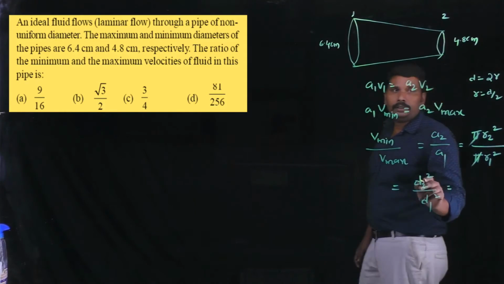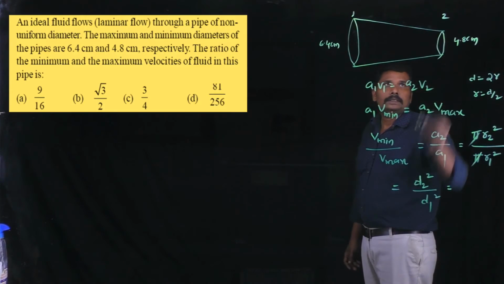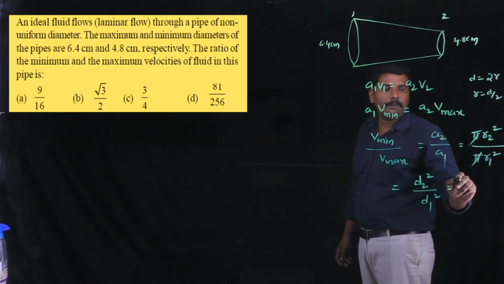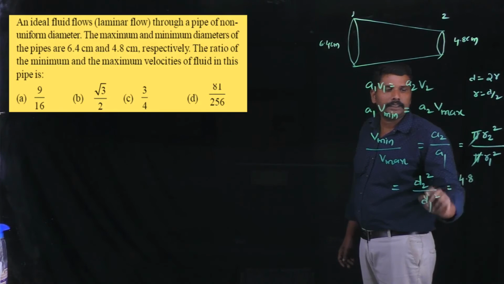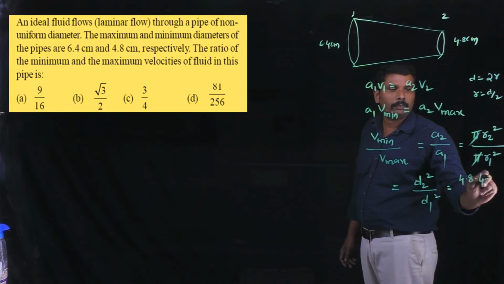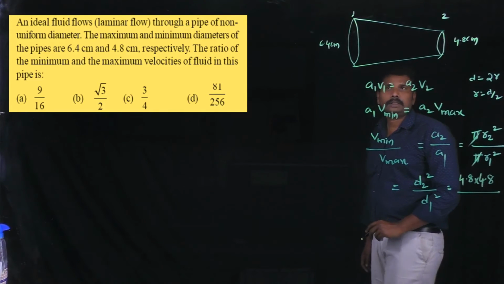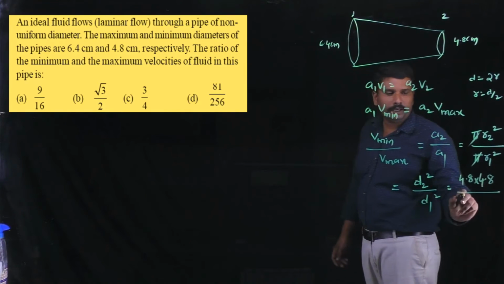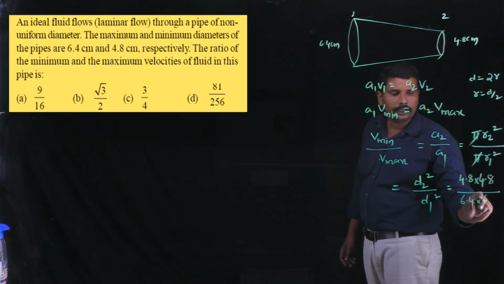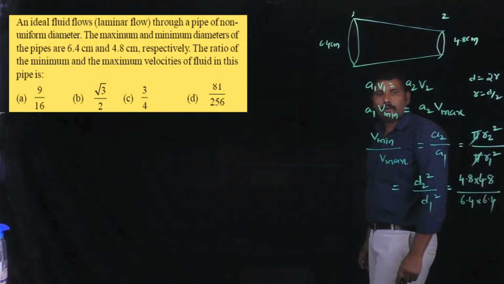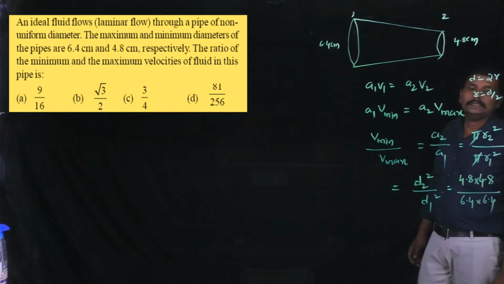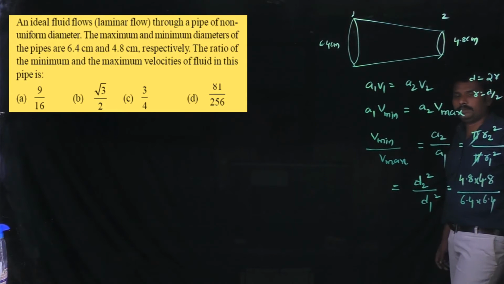Okay, d2 square, this is the second, at here the diameter is 4.8 centimeters. d2 square means it is 4.8 into 4.8 by d1 square, it is 6.4 into 6.4.